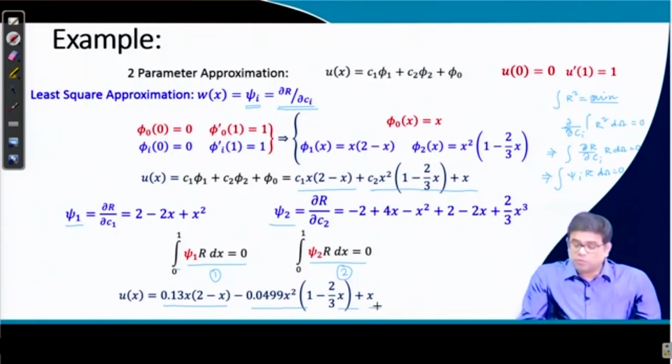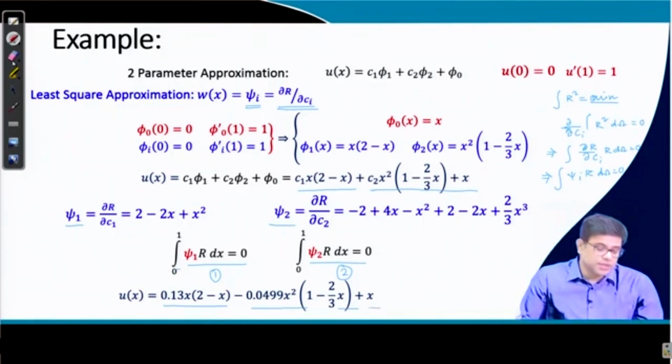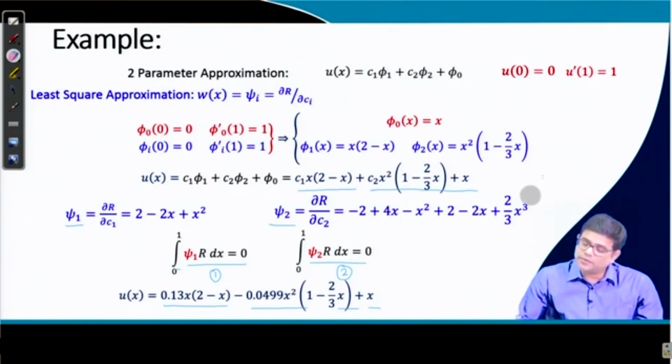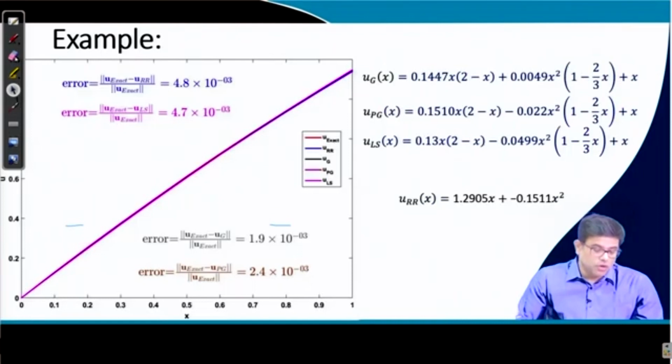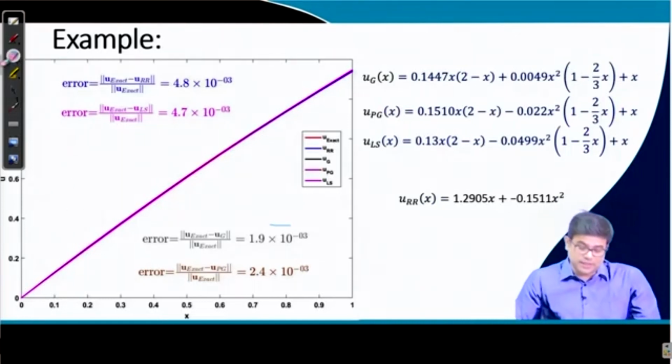Now if I plot these two solutions, then I will see how my error looks like. So let me show you how the error looks like. So my error looks like this.